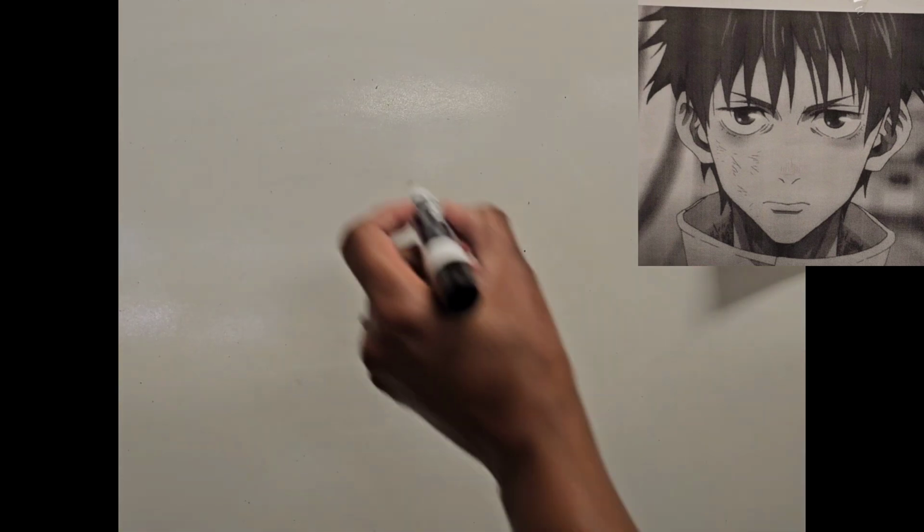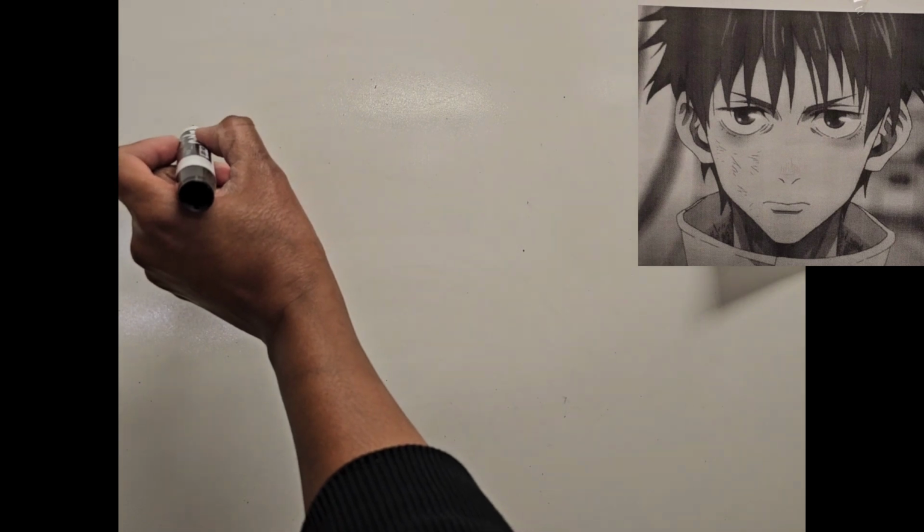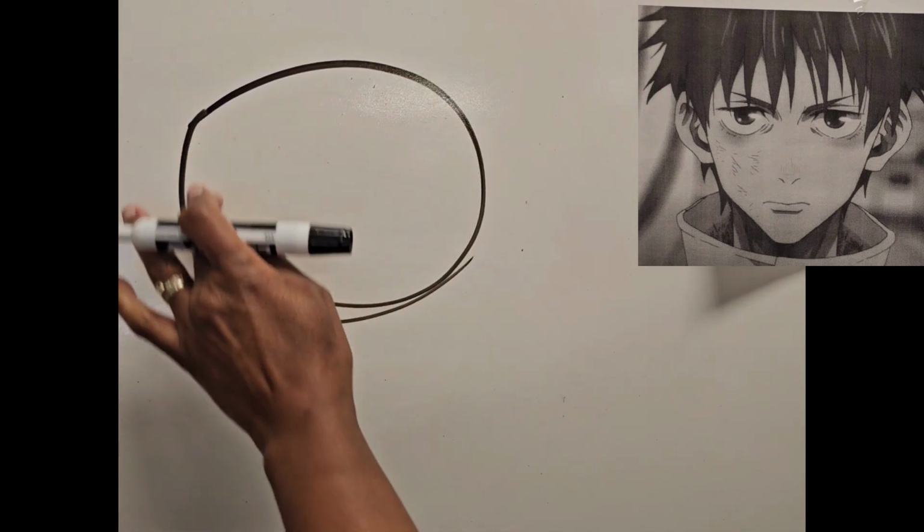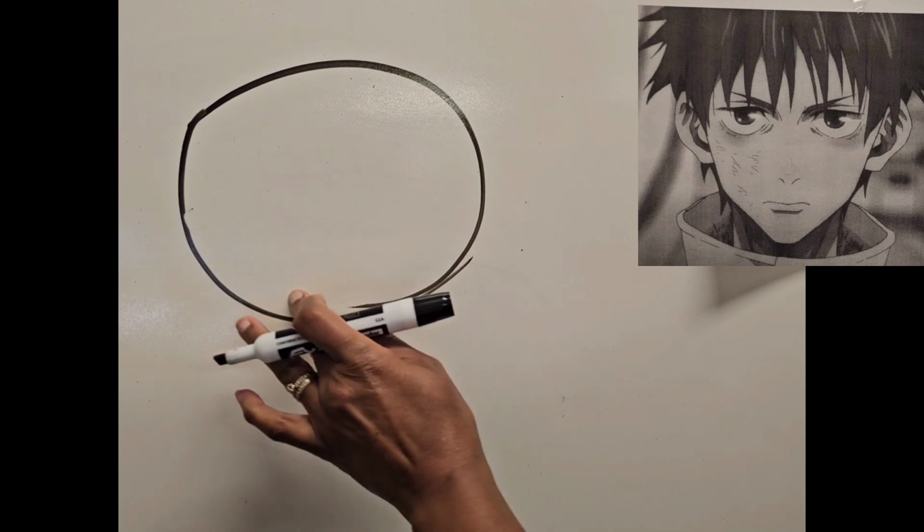So I'm going to turn my camera over this way, still keeping his face in the frame. So I'm going to start off with a circle up here. And my circle might not be perfect, but I'll change it as I go along. Okay, so I have my circle right here.